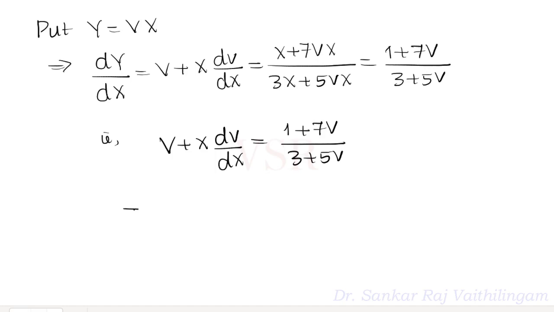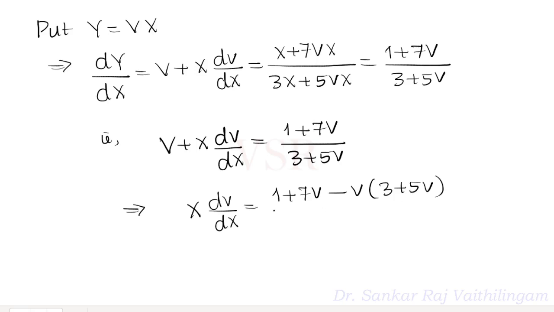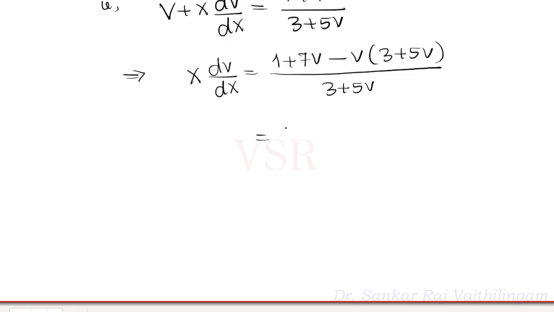So this implies that we can take v across and subtract. Then x into dv by dx is equal to 1 plus 7v minus v into 3 plus 5v, divided by 3 plus 5v. After subtracting, we get 1 minus 7v minus 3v, that is plus 4v, since 7v minus 3v is 4v, then minus 5v square, divided by 3 plus 5v.